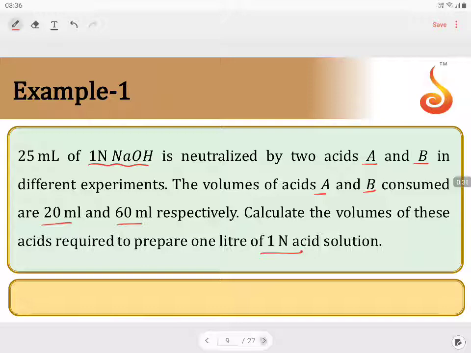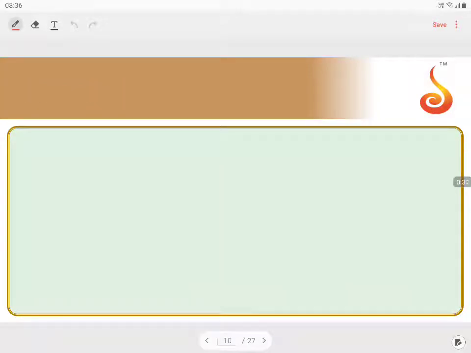Okay, coming to this particular one. First we'll see the titration of NaOH with acid A. Now we know normality: N_B V_B equals N_A V_A. This is what we have to take.